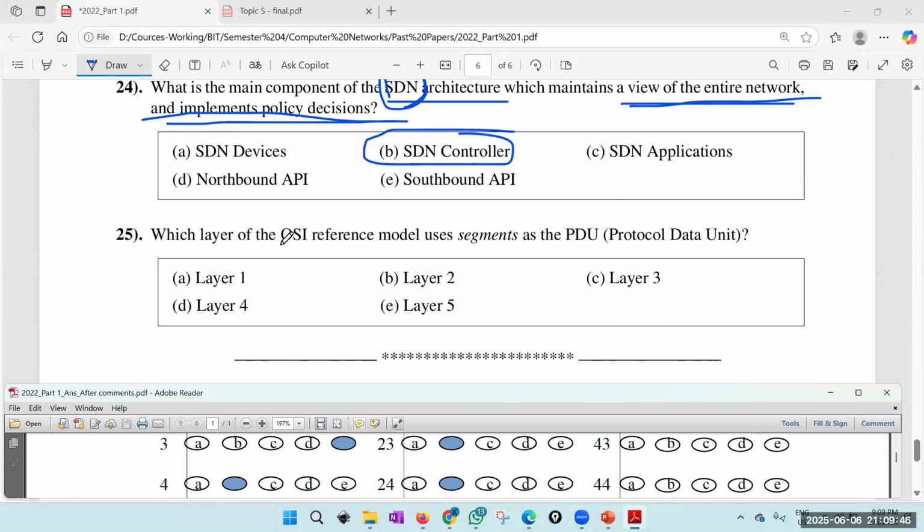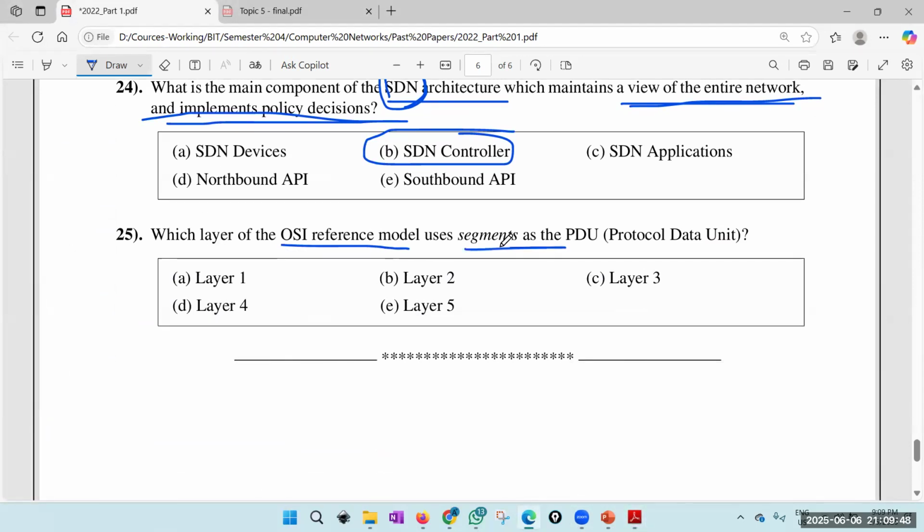Which layer of the OSI reference model uses segments as PDU? Remember, physical layer, the protocol data unit is the bit. Data link layer, frame.